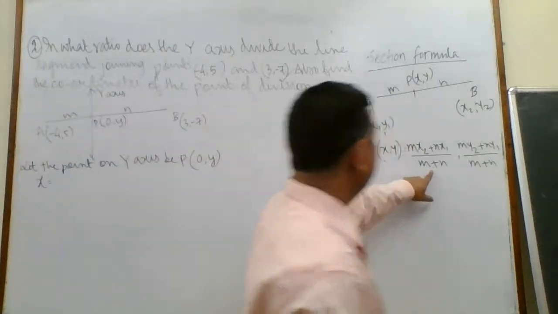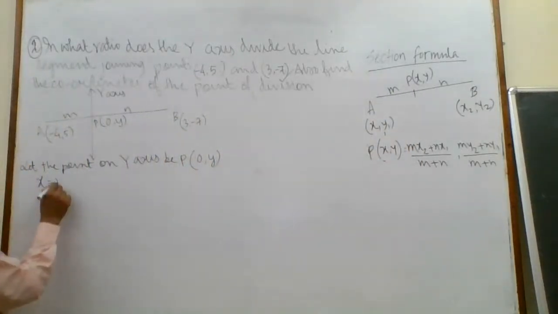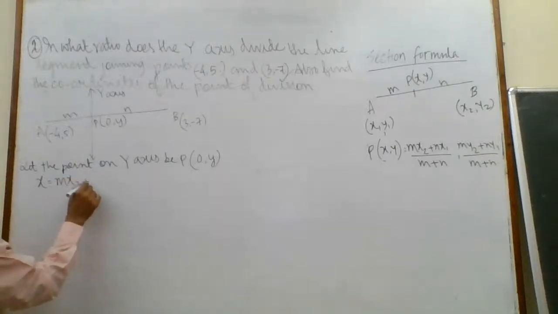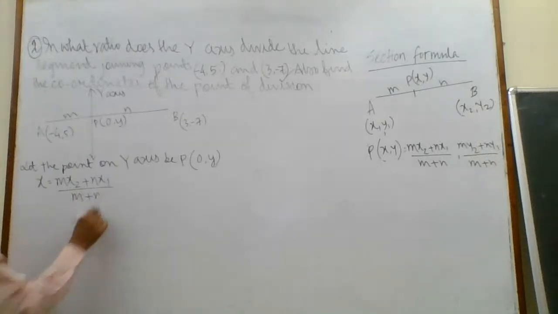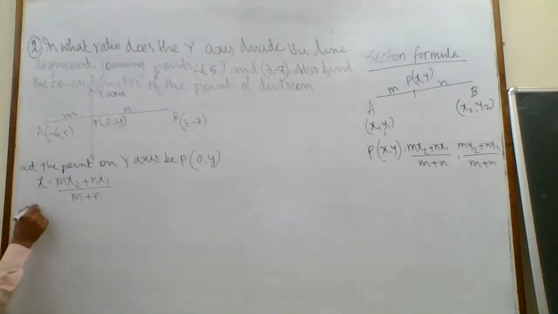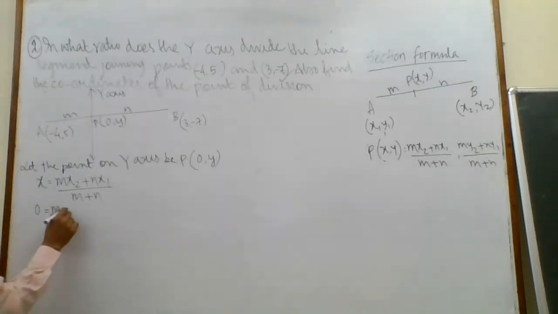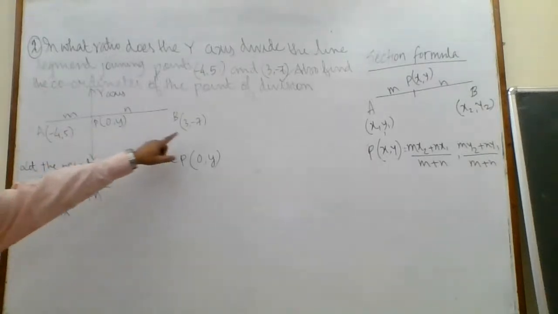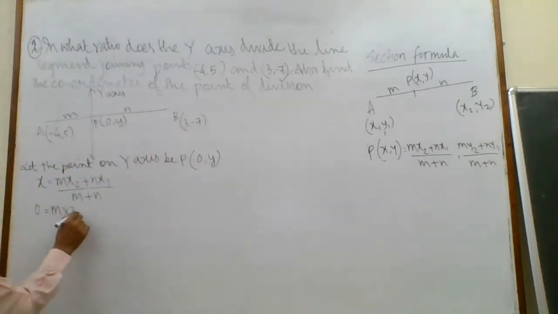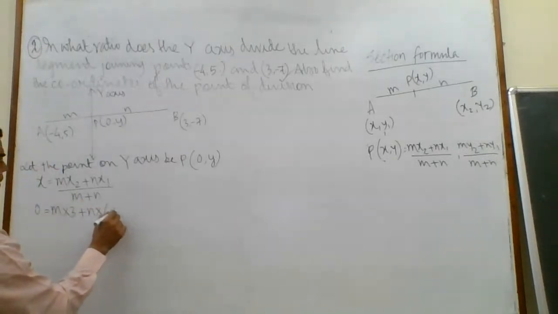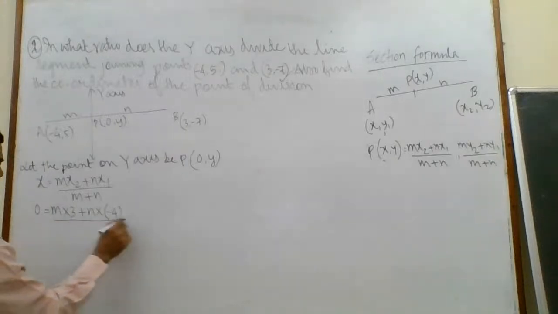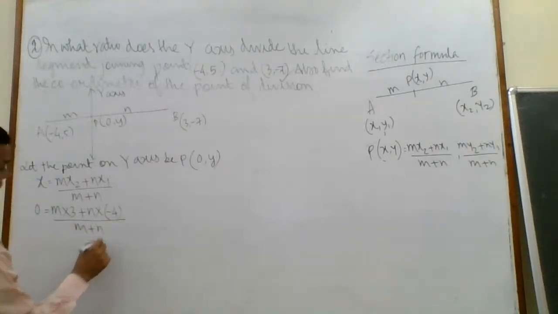What is x equal to? This first part, that is (mx2 + nx1) / (m + n). Now let us substitute their values one by one. For x, write 0, equals m times x2, which is 3, plus n times x1, which is -4, divided by m plus n.